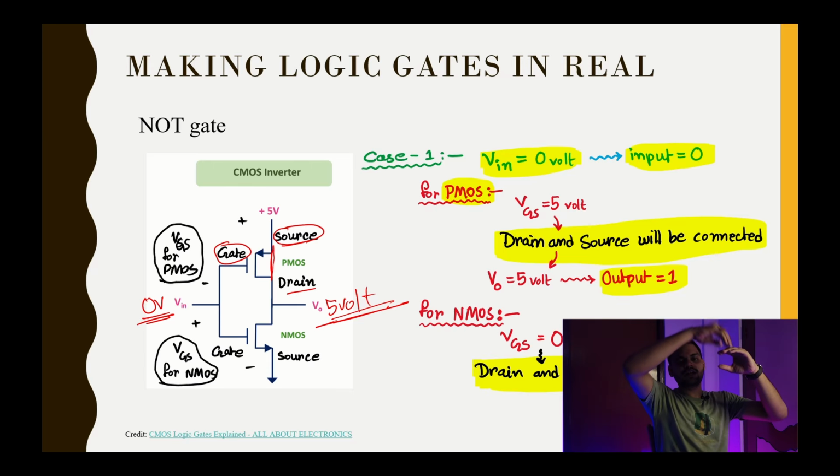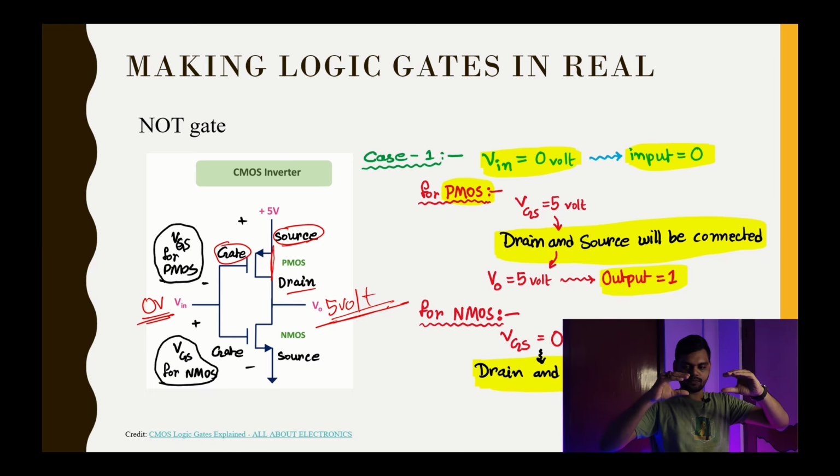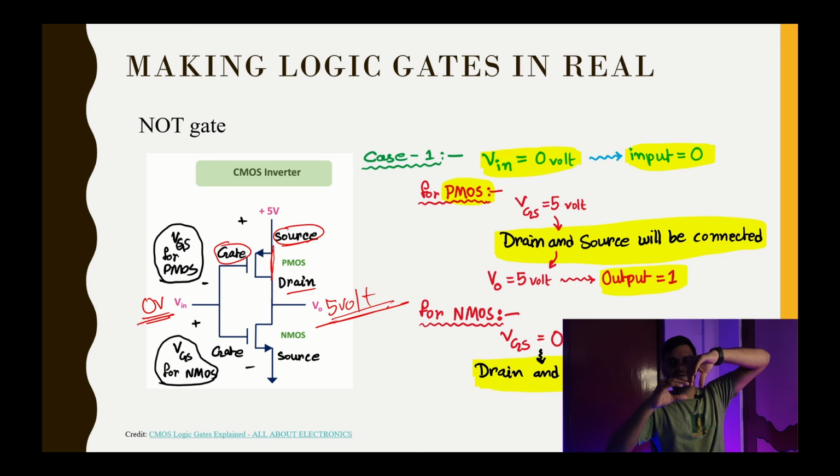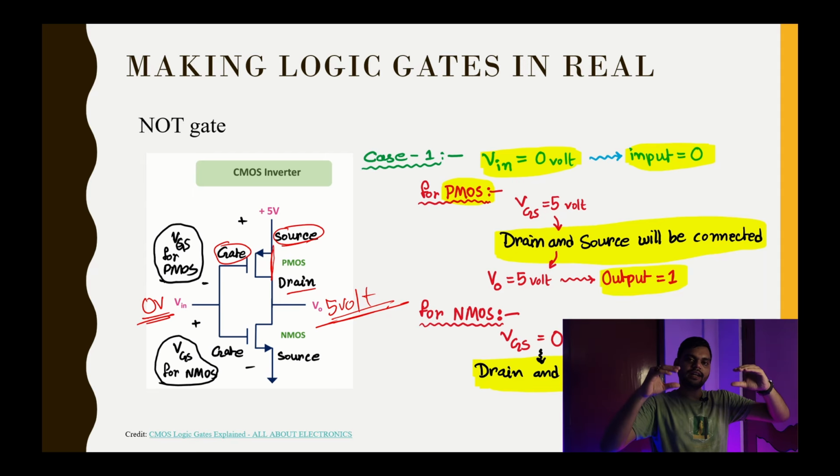The source and drain are getting connected. That means the voltage of the source is getting transferred to the drain. Think about it this way. Due to the voltage difference between gate and source, we connected the drain and the source.